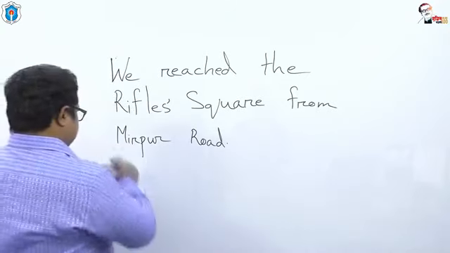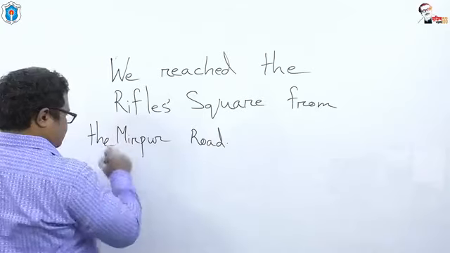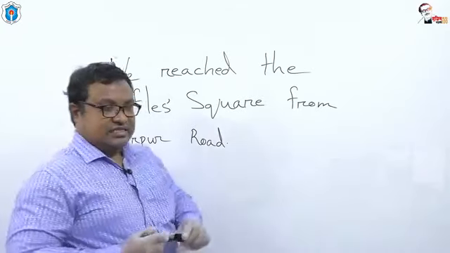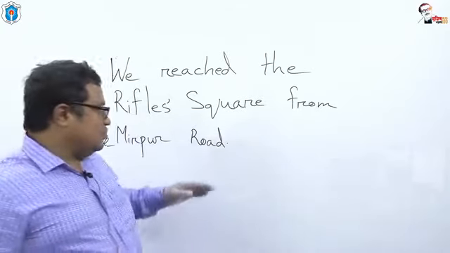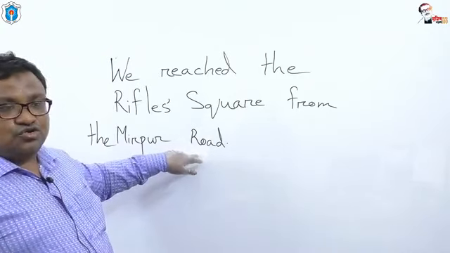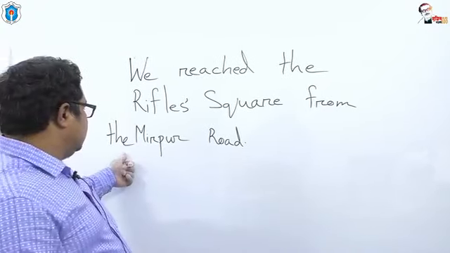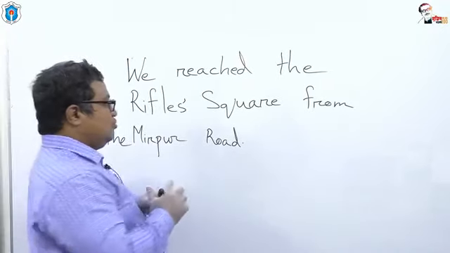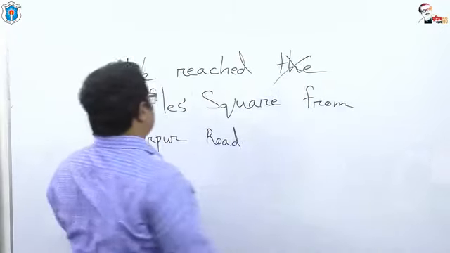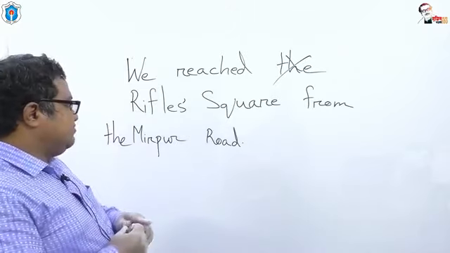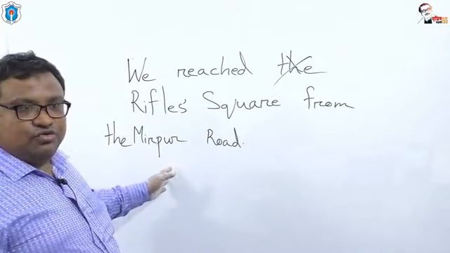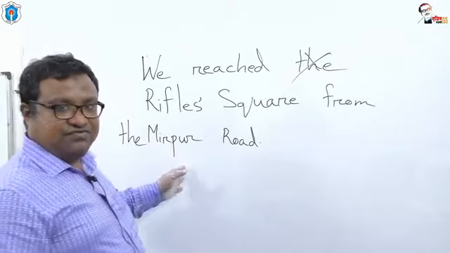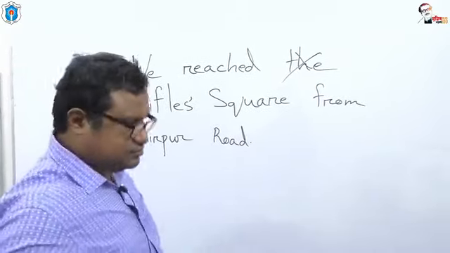Where should we use the article? The. When the word road is mentioned, we will use the article the. We reached Rifles Square from the Mirpur Road. That is the correct form of the sentence.